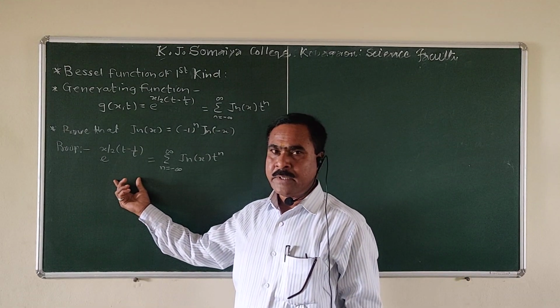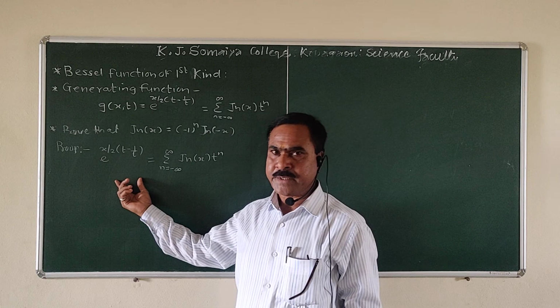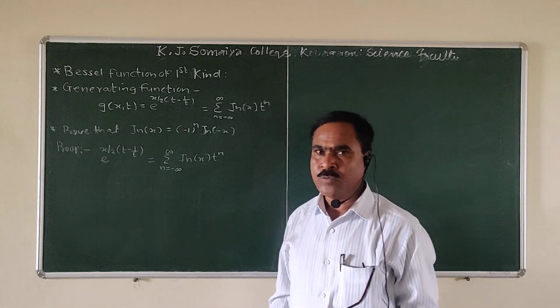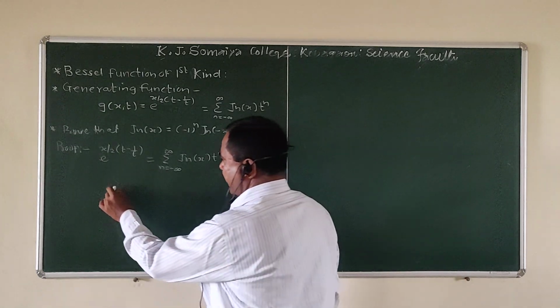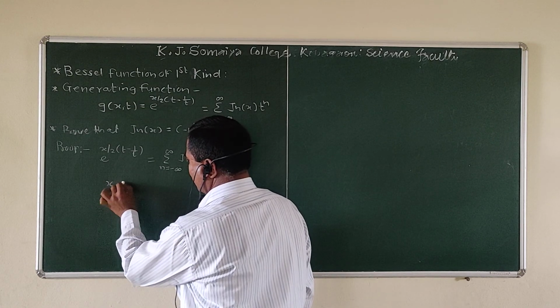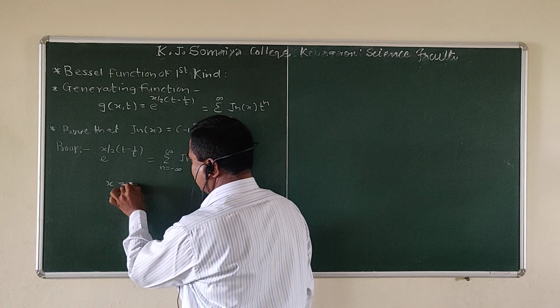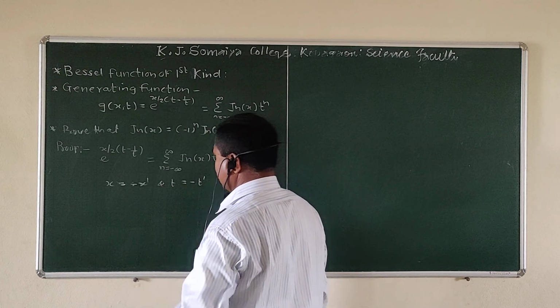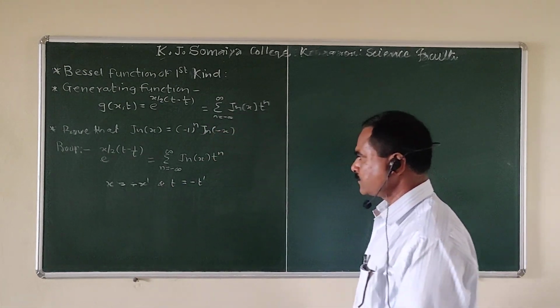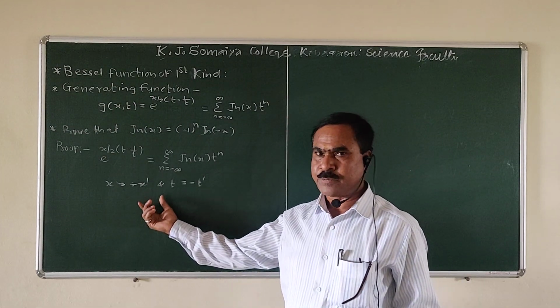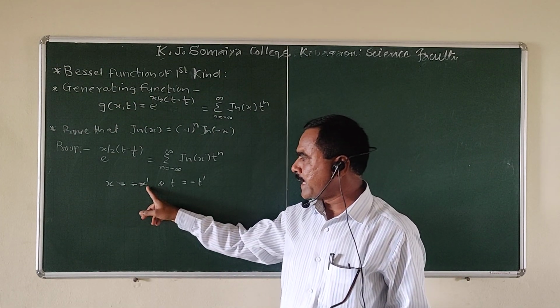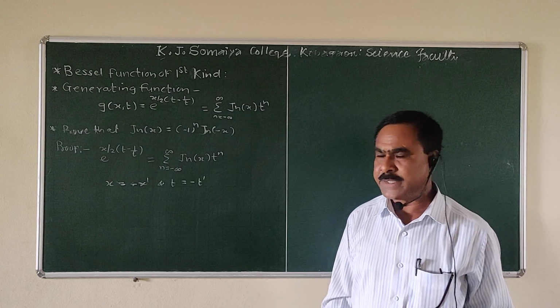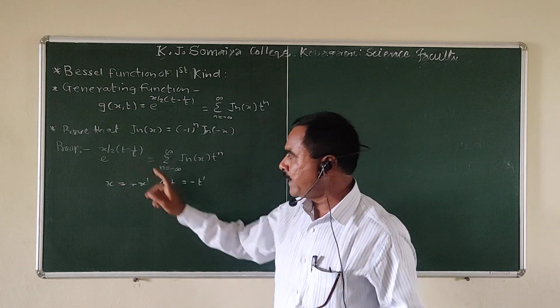Now here we make some transformation. In that transformation, we consider x = -x' and t = -t'. So we substitute x = -x' and t = -t' here.